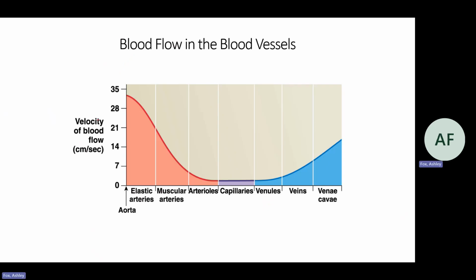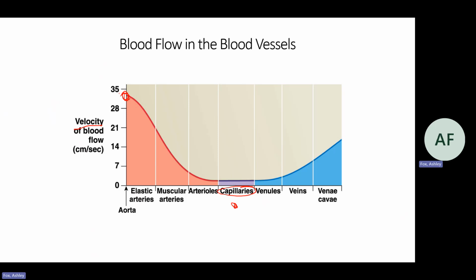So again, this is looking at speed of blood flow. It's going to be fastest at the aorta coming right off the heart, right off the left ventricle, blood's flying out. Large amount of force. If you're pushed out a lot harder, then you're going to move a lot farther versus if you're not. Decreases all the way down, slowest at the capillaries, smallest diameter, increased resistance, and then you're becoming larger and larger.